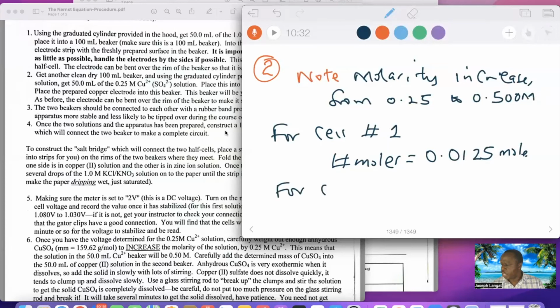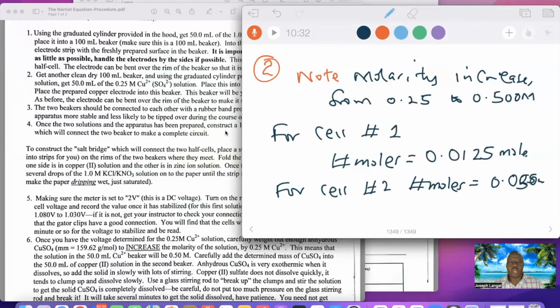For cell number 2, number of moles equals 0.025 moles.